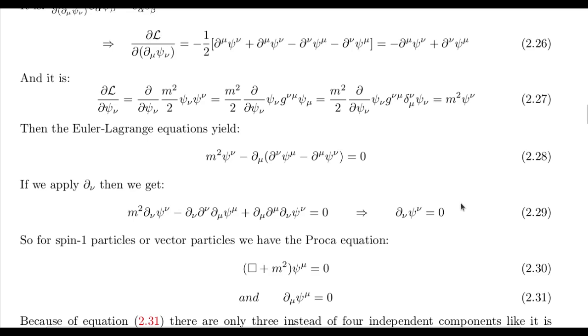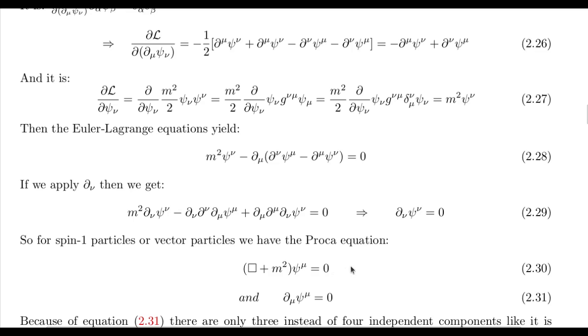And so we can write for spin 1 particles 230. This one, that is another writing for 228. And the second equation here, 231.